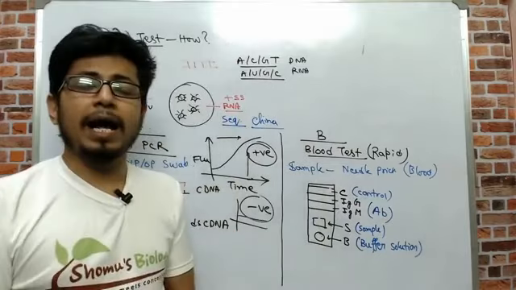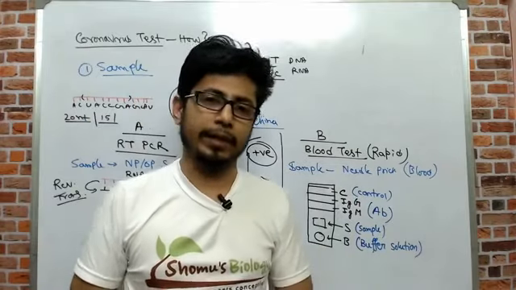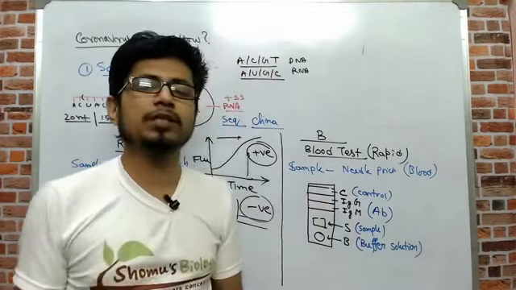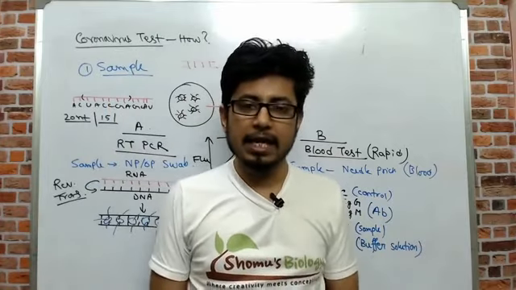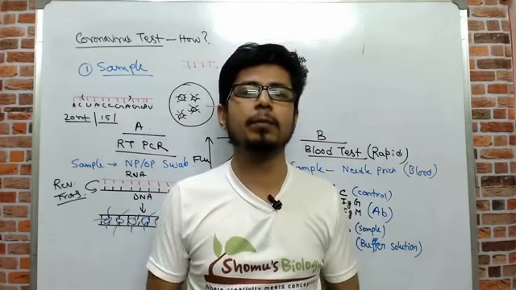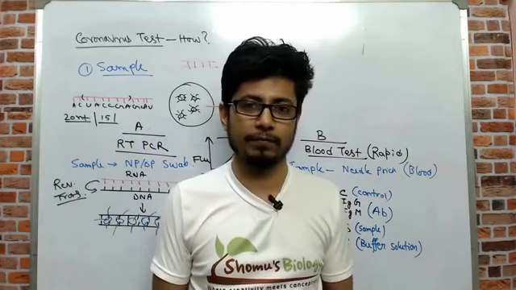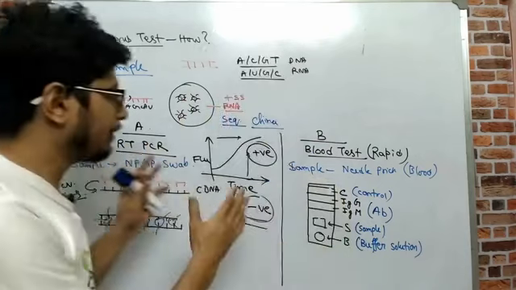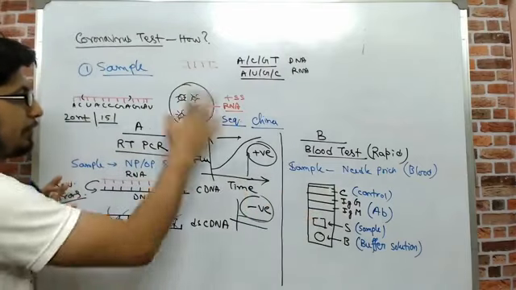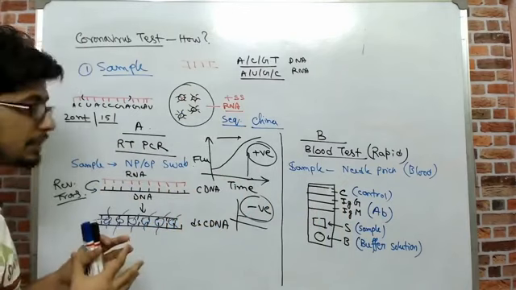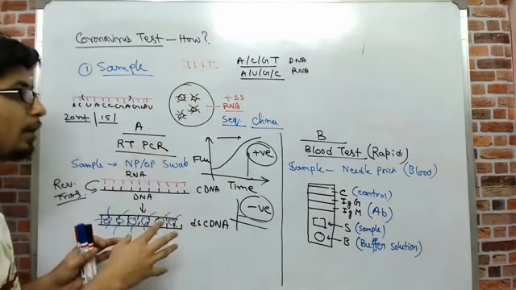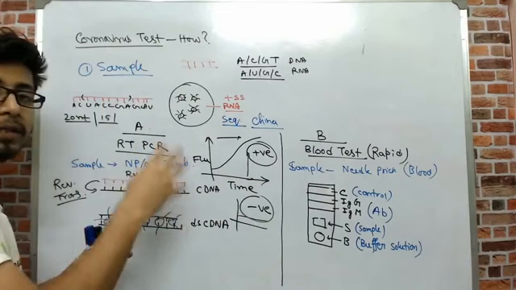Now on what principle is this test working? This blood test works on the idea that you have already been infected with the virus and your body is already producing antibodies against the virus to protect yourself. So there is a fundamental difference between these two tests. The very first test, RT-PCR, is going to find out whether you are currently infected with a virus or not.